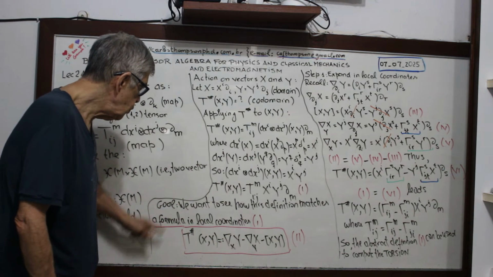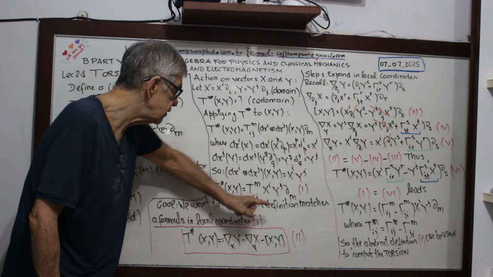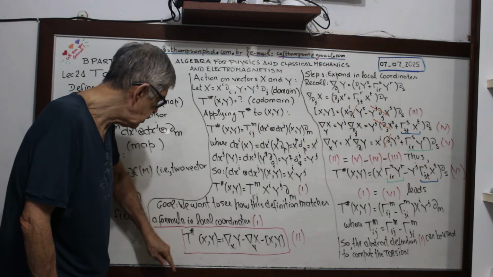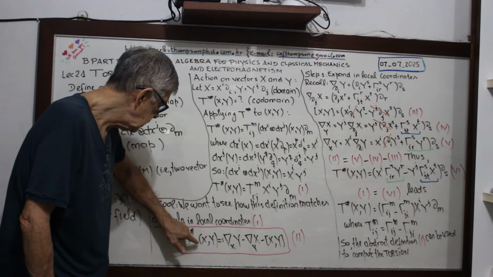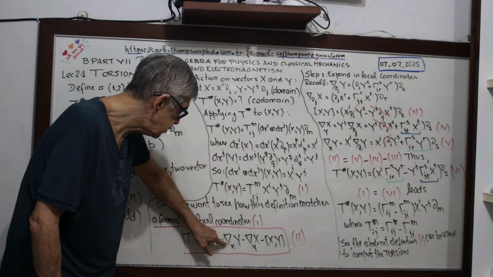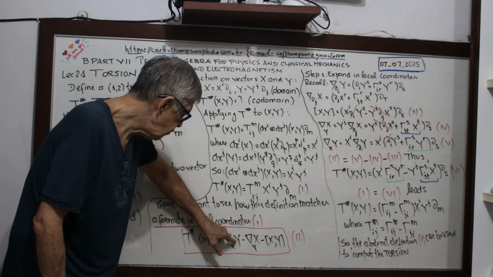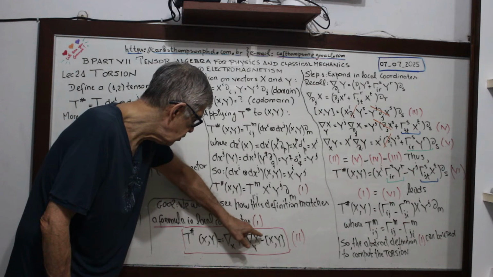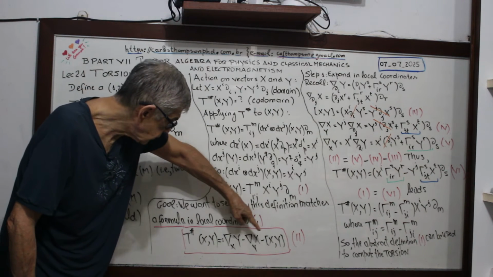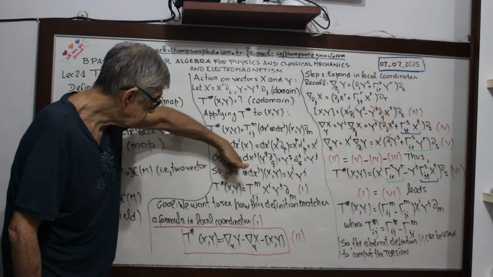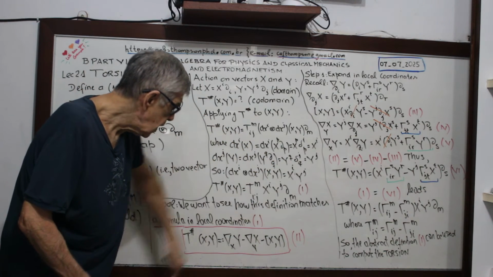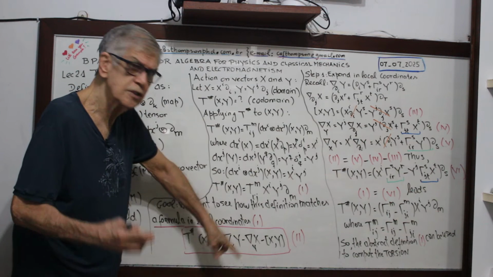Now, the goal is to see how the definition matches with the formula in local coordinates. T#(X, Y) is the covariant derivative of Y along X, minus the covariant derivative of X along Y, minus the Lie bracket. I want to match this with the definition, by inspection.